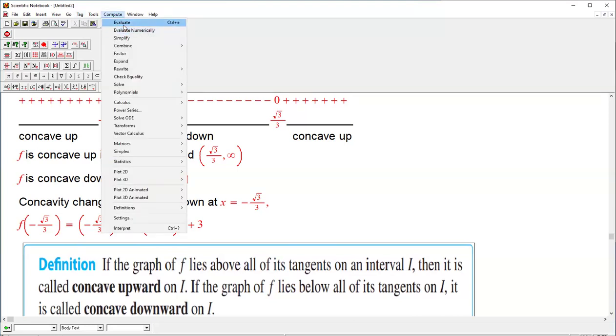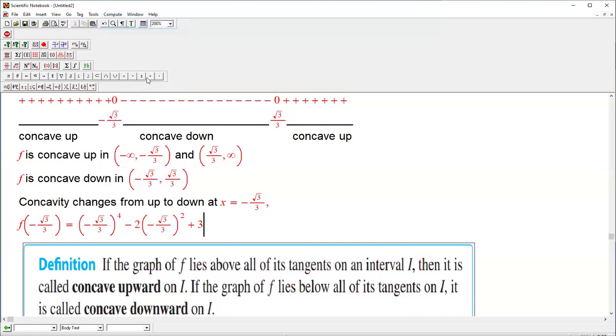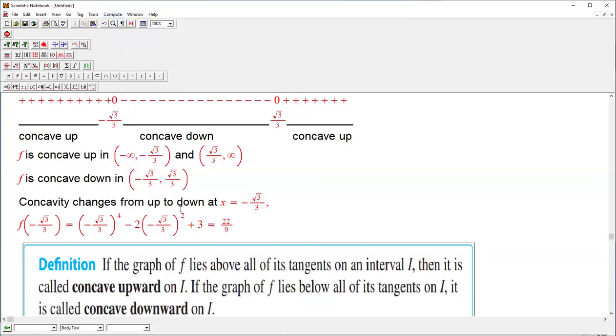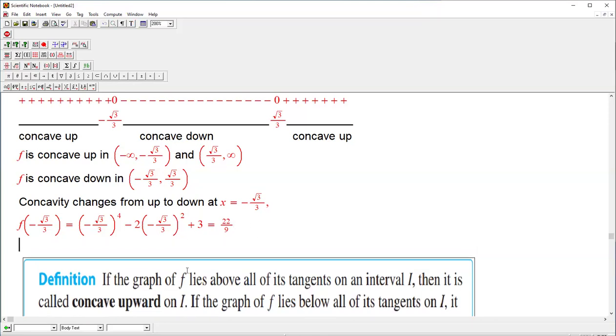We evaluated it in class. Okay, simplify. So 22/9. I'm being lazy here, so you can double check.